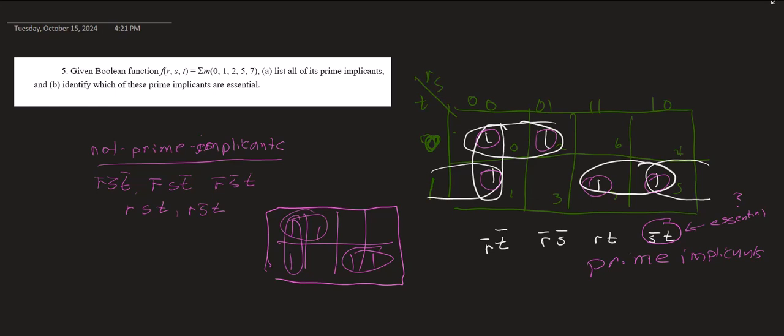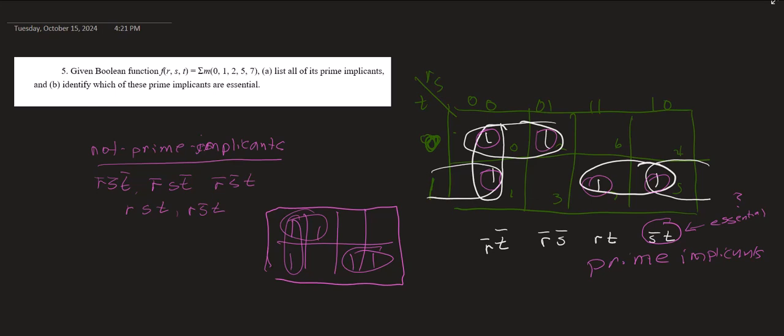Are the 3 that I have left essential? I believe they are. So it's essential if it contains at least one that is not contained in any other implicant.